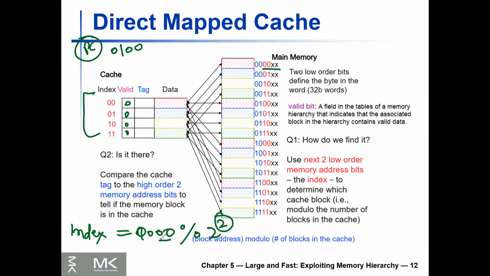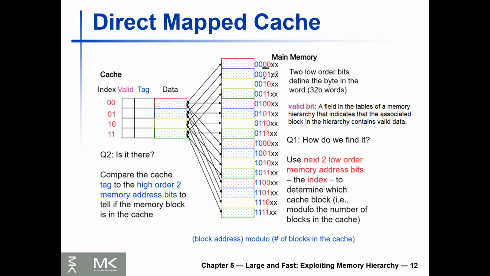So we need only 2 bits to identify which particular block this address is going to be mapped to. We can see now these 2 bits, which are red, tell you which particular cache block it is going to be mapped to. Like the red one is going to be mapped here, which is 00. And see, the other red one is here.